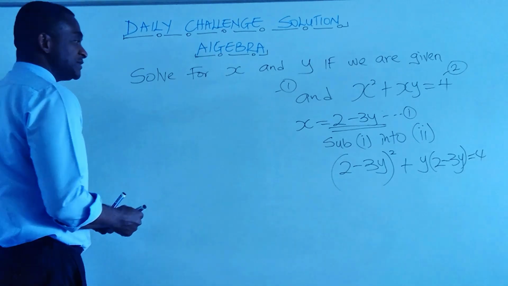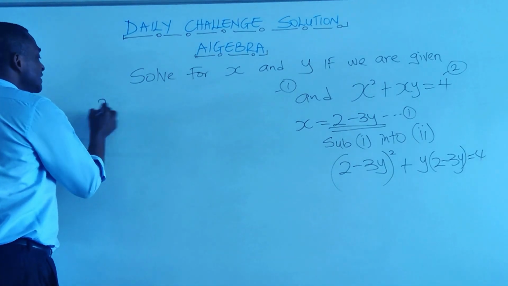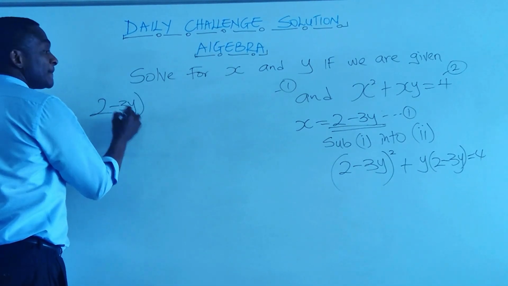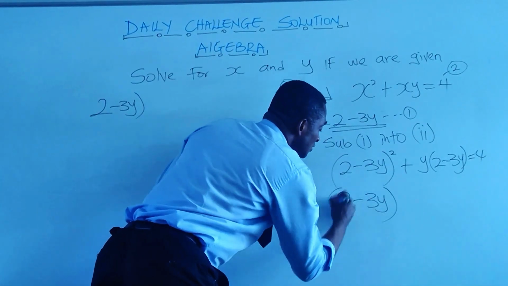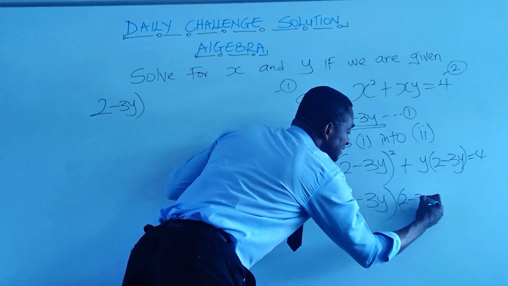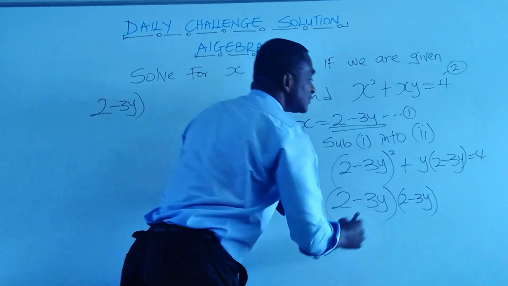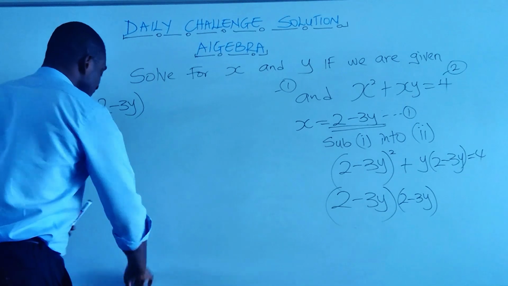Now let's get into it. Simplifying that means 2 minus 3y. Okay, remember this is 2 minus 3y all squared, which means multiplied by itself two times. So let's see what that gives us.